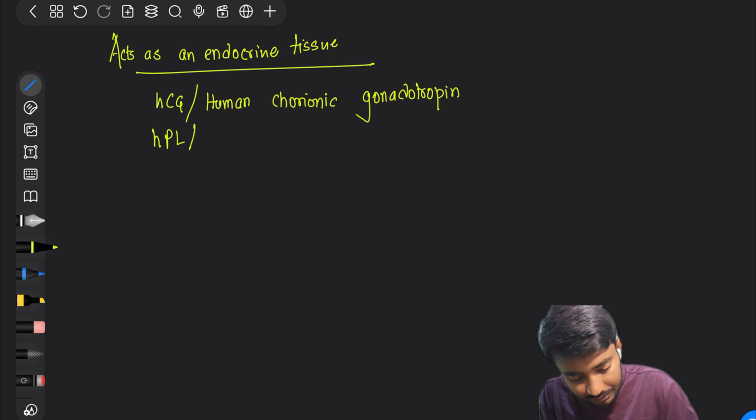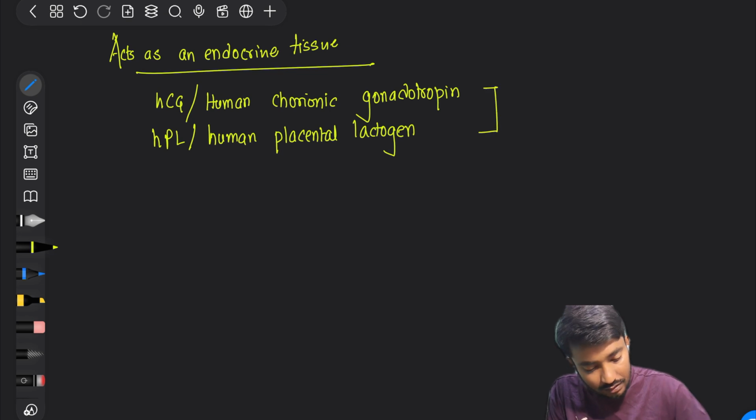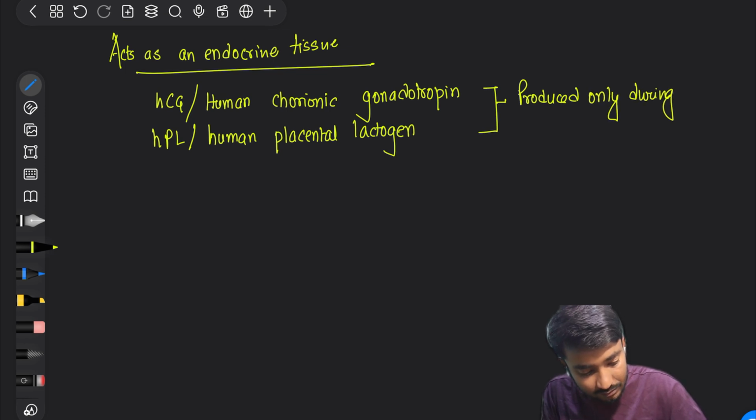And the HPL, that is the human placental lactogen. These two are produced only during pregnancy.